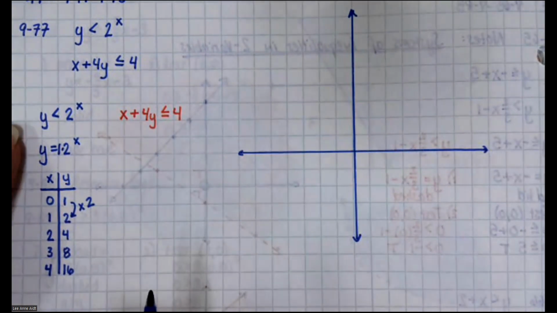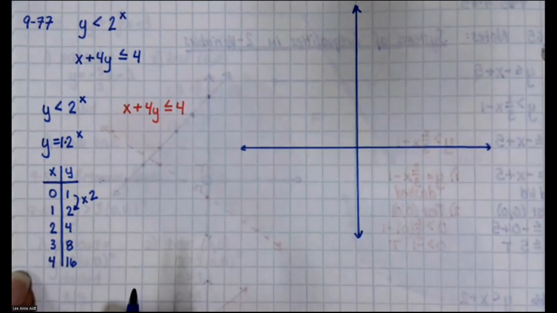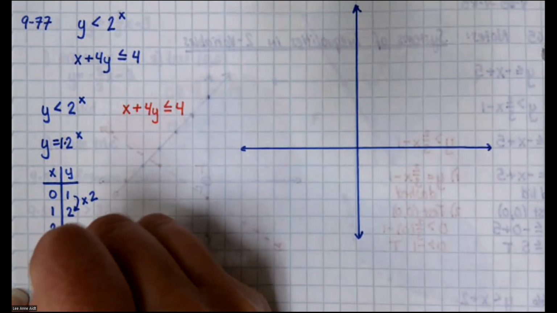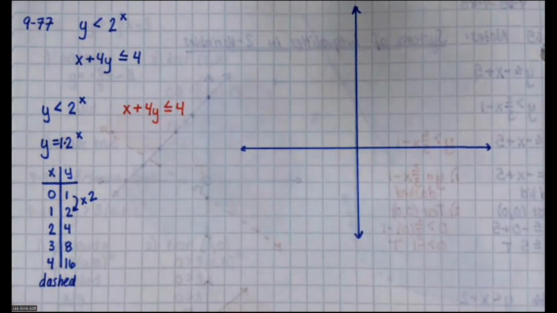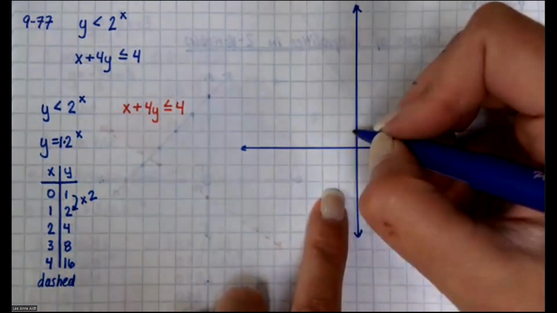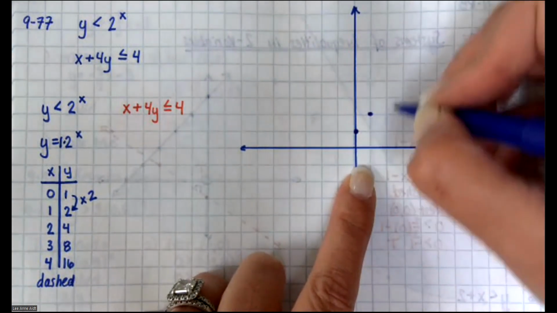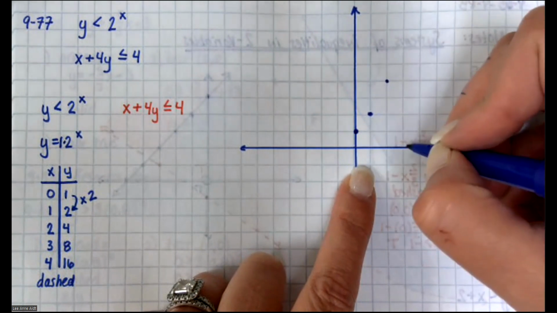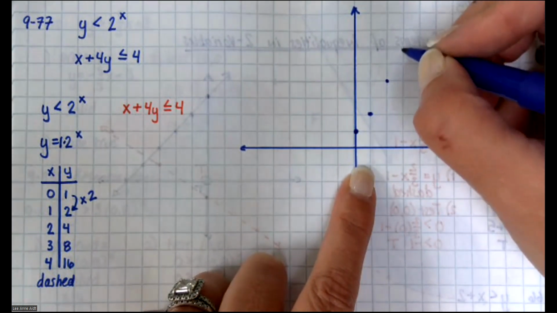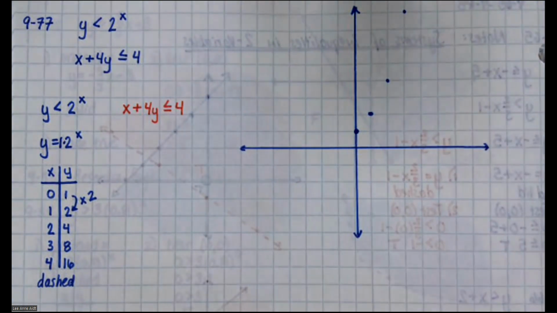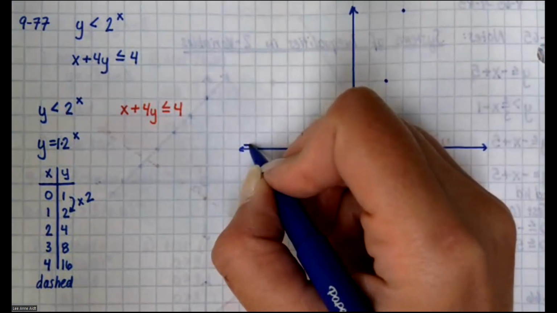And before we do anything else, the curve, do you see that it's going to be dashed? We need to say that real quick before we start graphing. So 0, 1, 1, 2, 2, 4, 3, 8. And then you get kind of a general idea of how this curve goes. But remember about the asymptote.